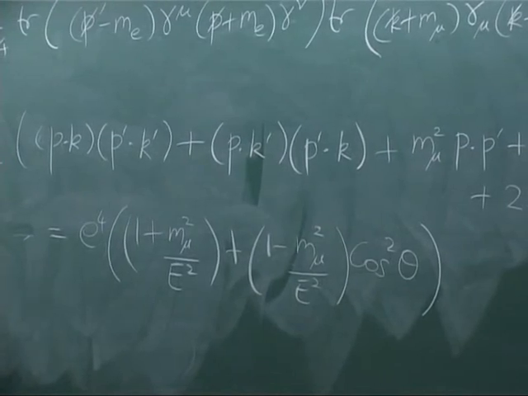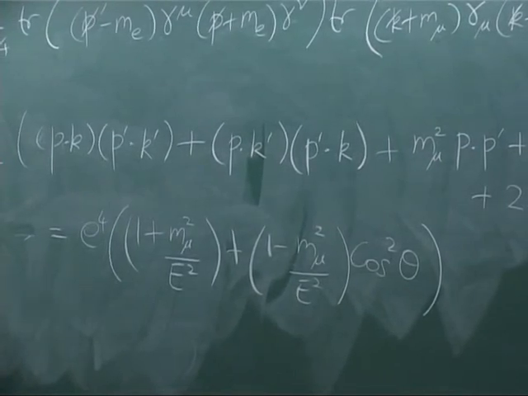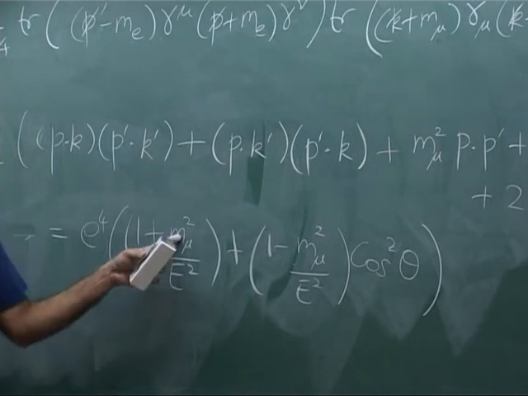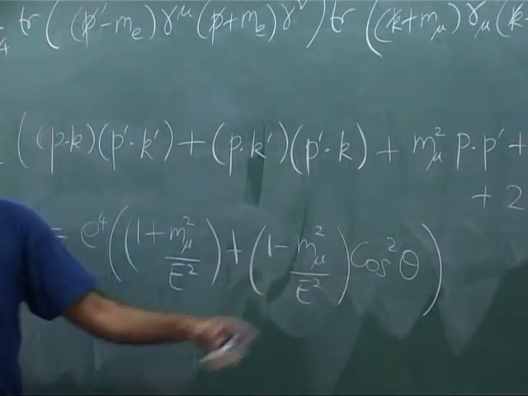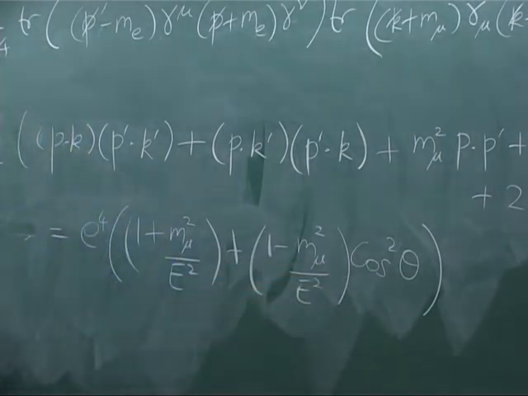And so now the matrix element is fully evaluated in terms of the only possible things. This is the mass of the muon, we know, this is the scattering angle, and E is related to the center of mass energy by a factor of 2. So that's the end of the matrix element.